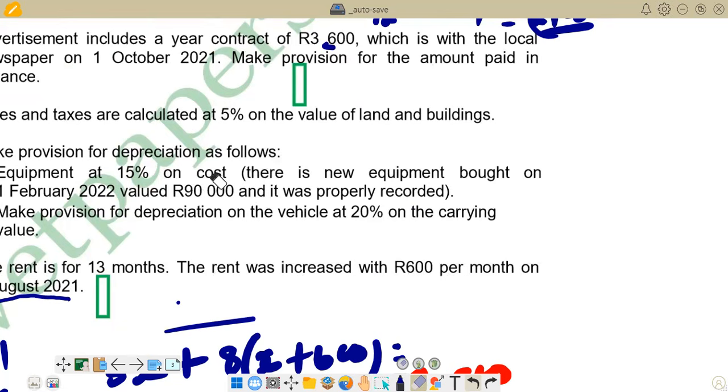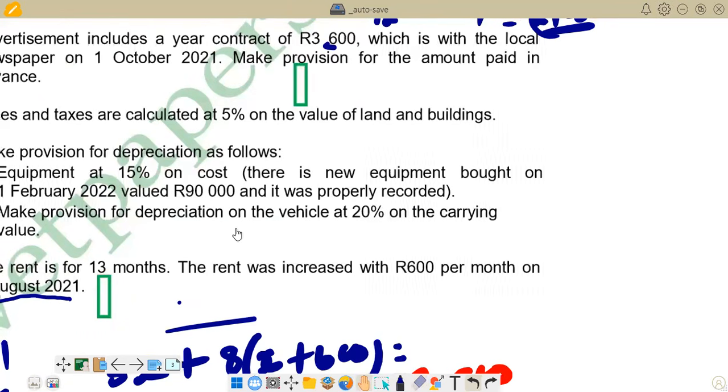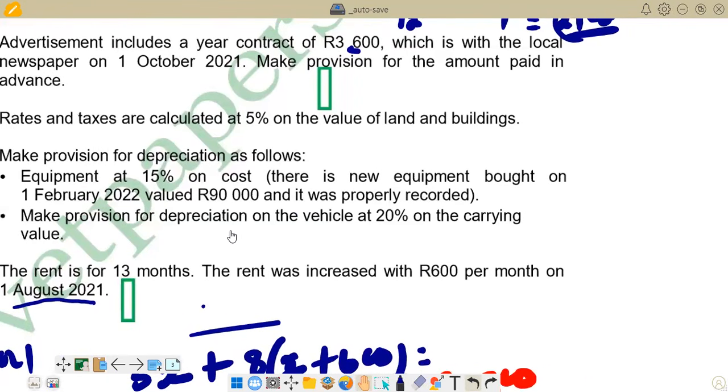But what is important also, let's take note of the one that was bought. It was bought on 1 February 2022. That's the month that is ending the year. So it means this equipment that was bought on 1 February 2022 stayed only 1 month.